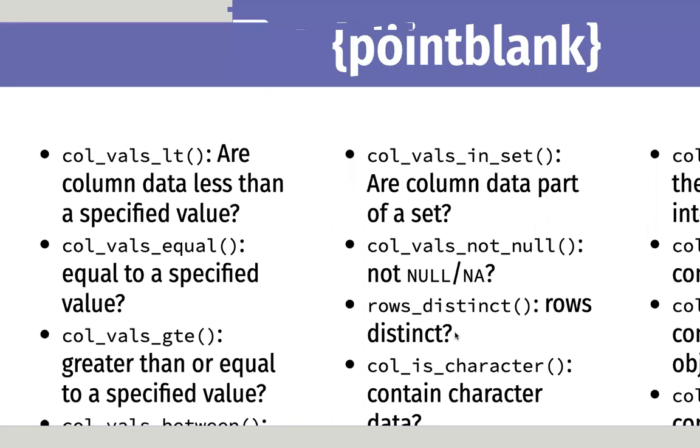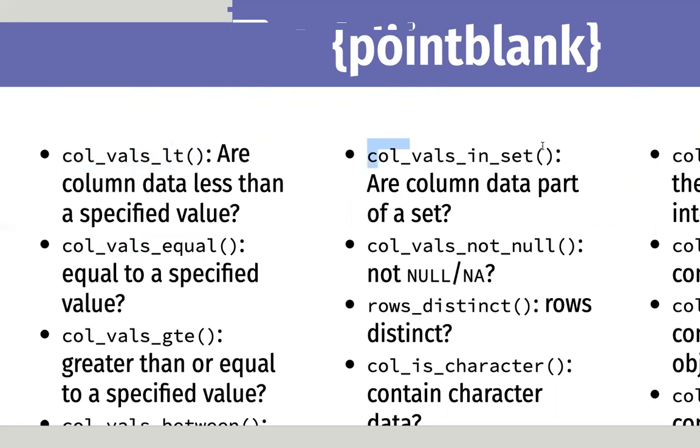So there's a whole bunch of different validation options. I've listed here, I don't know, what is this, 8, 9, 10, 11, 12, 13, but there are a whole bunch more. I'll show you where you can find more details. But for example, you can check, are all the data in these columns less than some specified value? Or are all the values equal to some specified value?